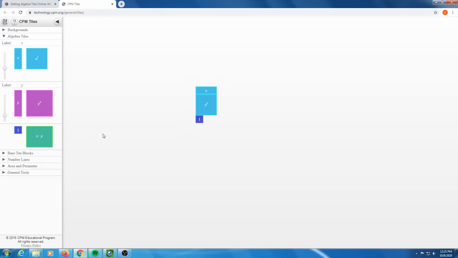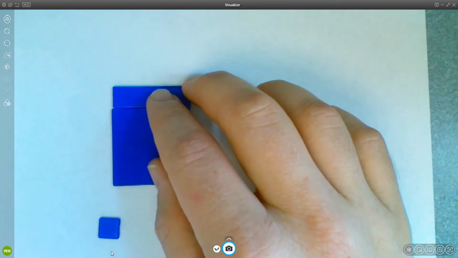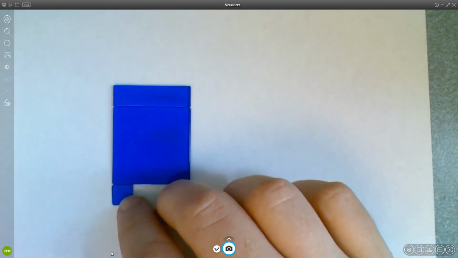Okay, while you're doing that, I'm going to build that shape here with my actual physical algebra tiles. Okay, so let's look at this together. So this is the shape that I made.